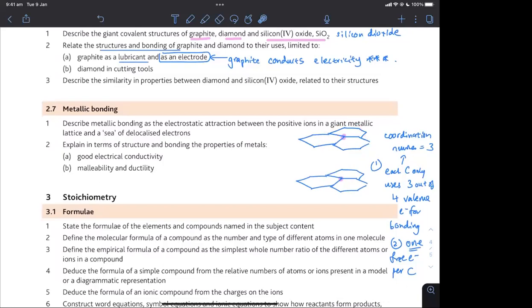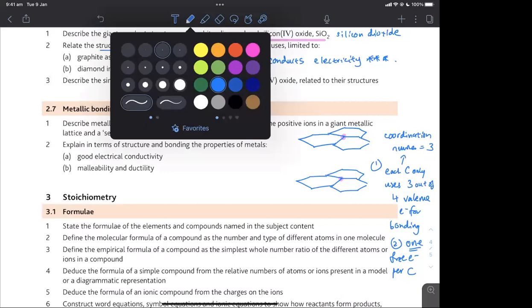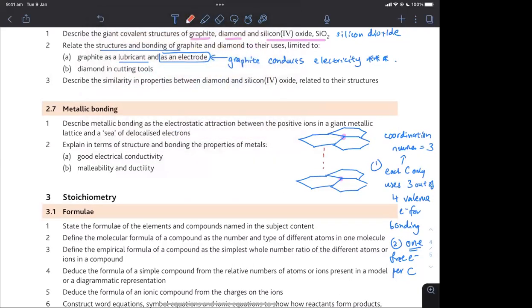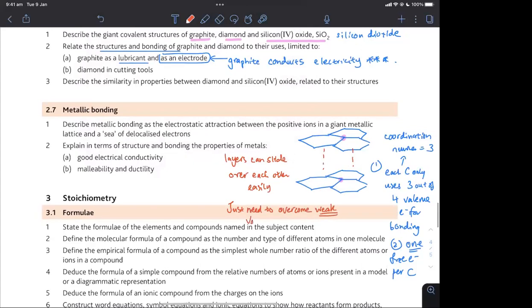Okay. Now, why is it a lubricant? Because when you lubricate, you are sliding over the layers. So the layers can slide over each other easily. Why can they slide over each other easily? Because they just need to overcome, and this is very important, most of you just say weak intermolecular forces, which is not wrong.